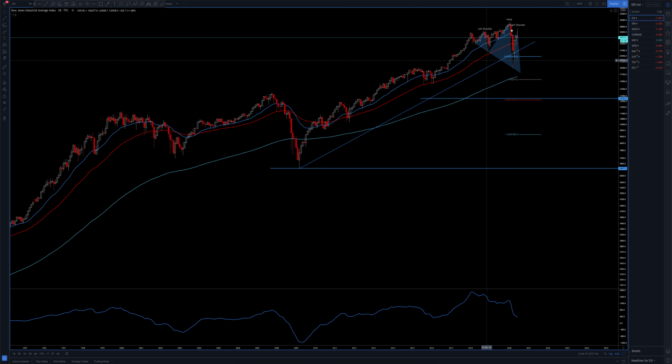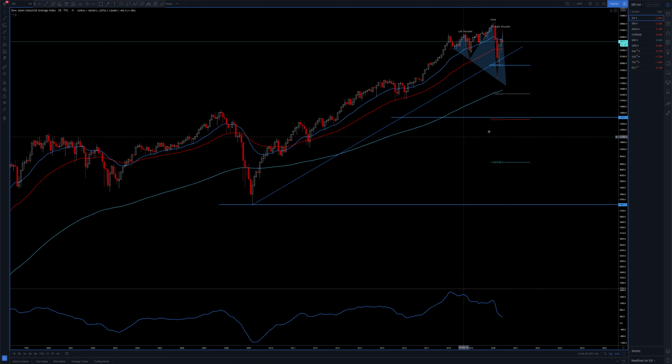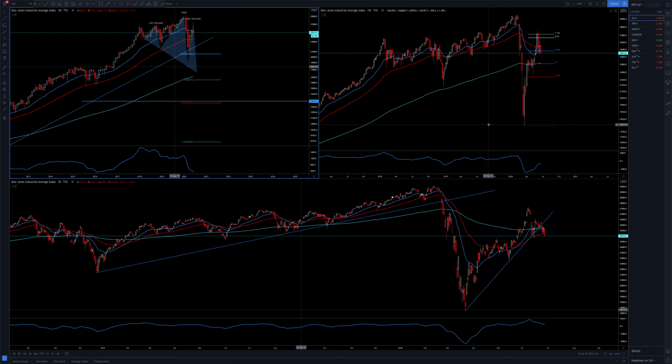But for now, if it closes this way, I'm looking for at least back down to here, wait to see the 200 EMA level next, and then down to this target here at 13,331. And that is a bit higher than the 1.272 extension.